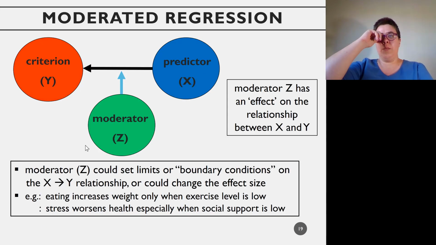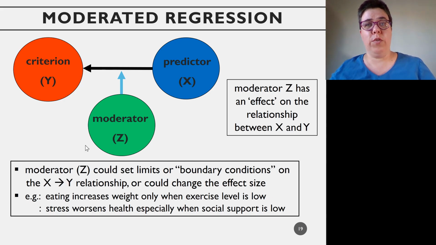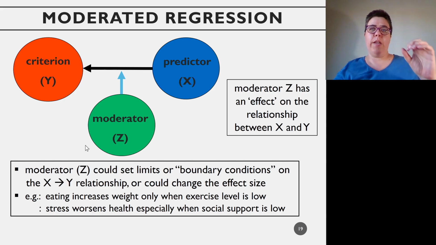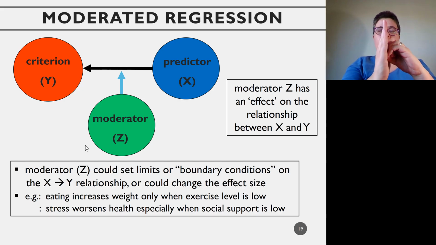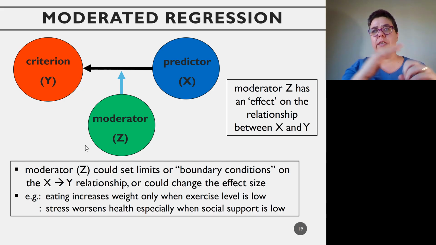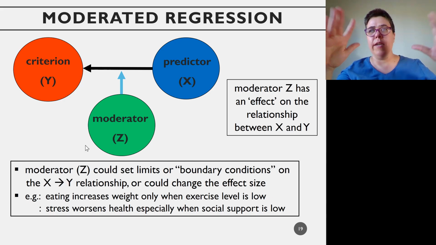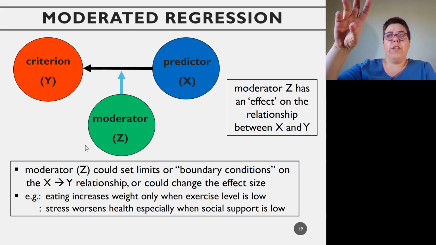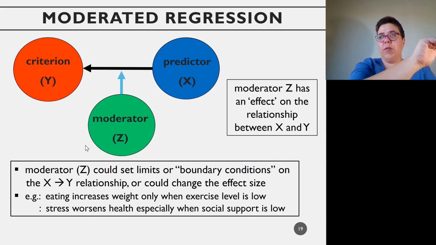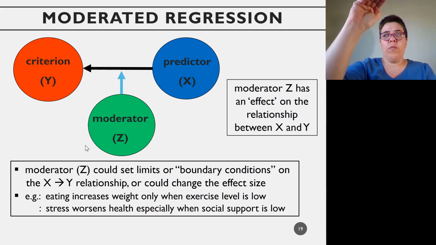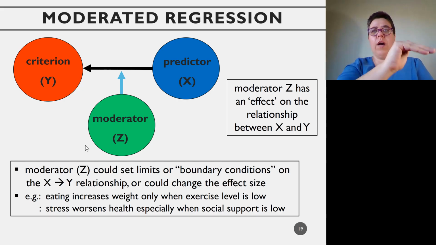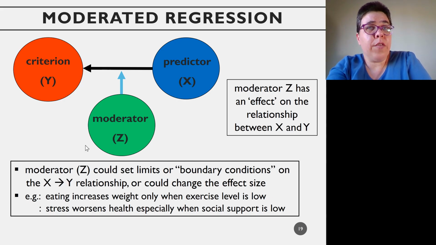So in moderated multiple regression, we show that we're doing a moderated multiple regression by putting the moderator and having an arrow that points to the relationship between our focal IV and the DV. This graph that looks like a T is showing our focal IV, our predictor, leads to our DV, the criterion, but our moderator, which is Z, has an effect on the relationship of X to Y. That is, our moderator strengthens, weakens, eliminates, or reverses the impact of our IV on the DV.